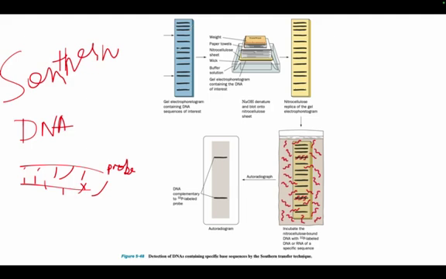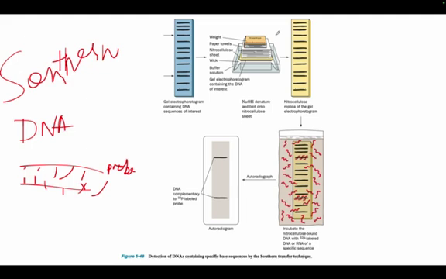So first we'll separate this on an agarose gel, as we've discussed early on in the course, maybe in week 2 or week 3 we discussed the preparation of agarose gels. Then we're going to transfer this DNA from the agarose gel onto a nitrocellulose membrane. Okay, it is now stuck on the surface of the nitrocellulose membrane, which means it is available for oligonucleotides to come and bind.